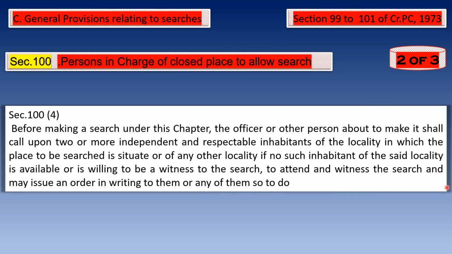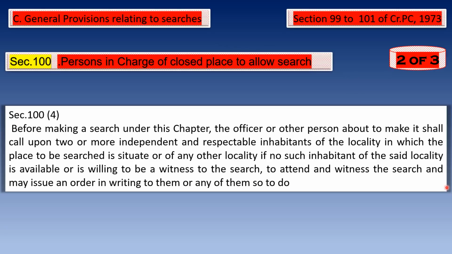Subsection 4 of section 100 simply says that when a search is going to be conducted by the team, they will call two or more respectable persons of that locality. Now, the term respectable person of the locality is not defined, but it can be analyzed as a person who does not have a criminal record. They will be asked to witness such a search.